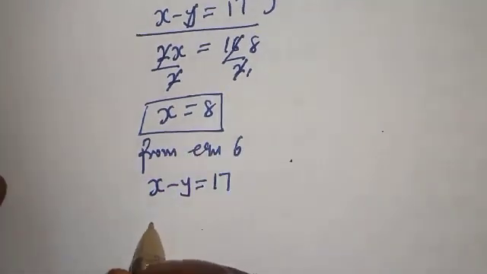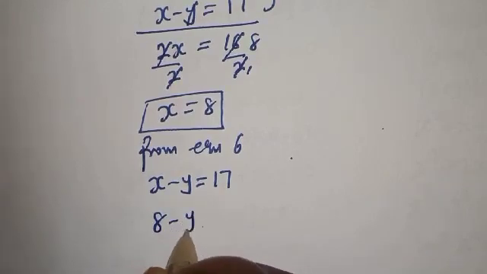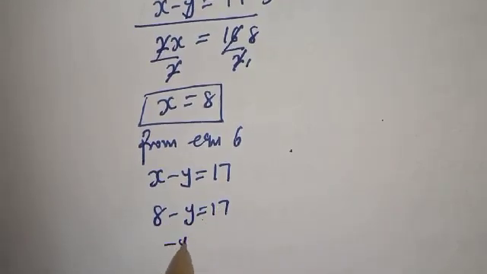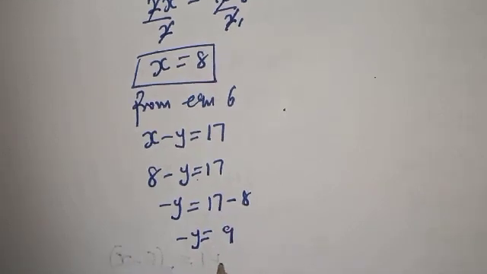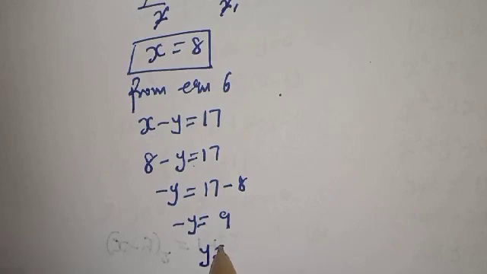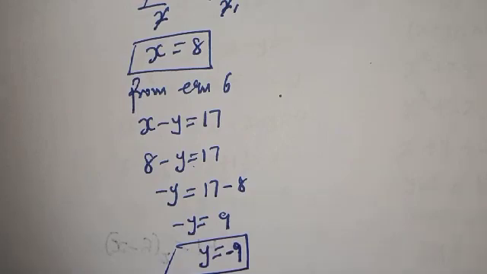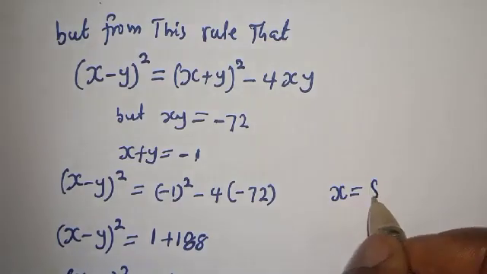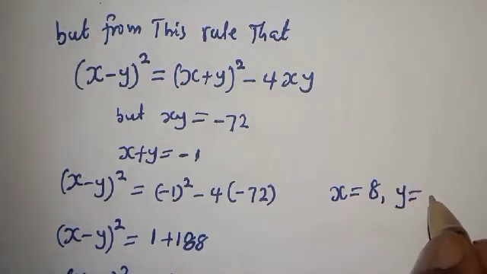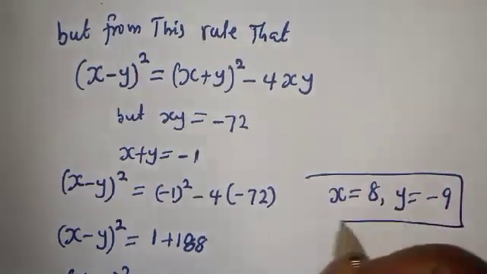When x is 8, we have 8 minus y is equal to 17, minus y is equal to 17 minus 8. This is 9. Therefore y is equal to minus 9. This is the value of y. Therefore, our final answers are x is equal to 8, y is equal to minus 9. This is the final answer.